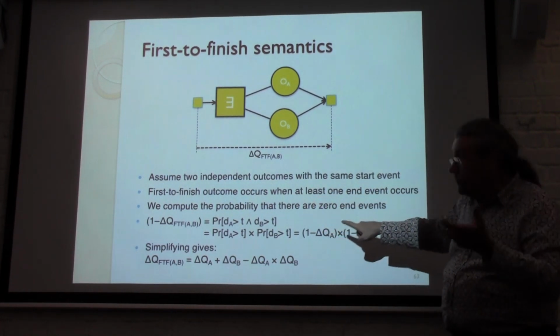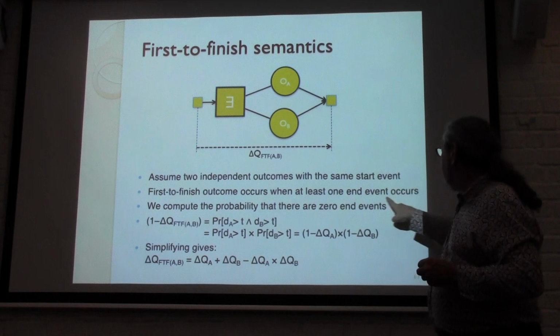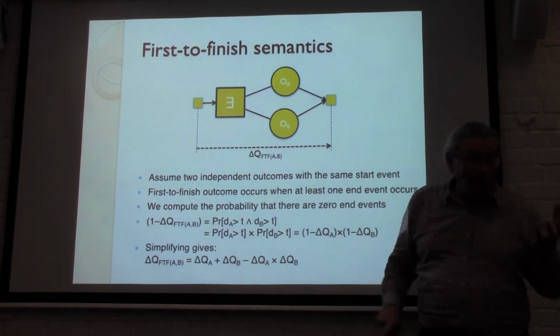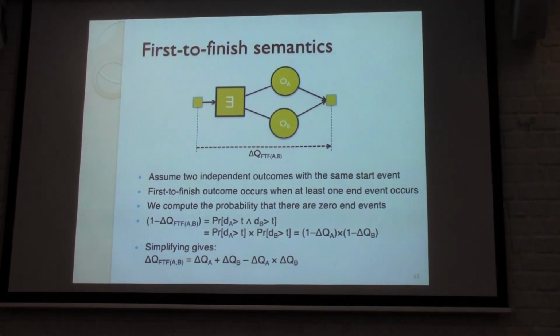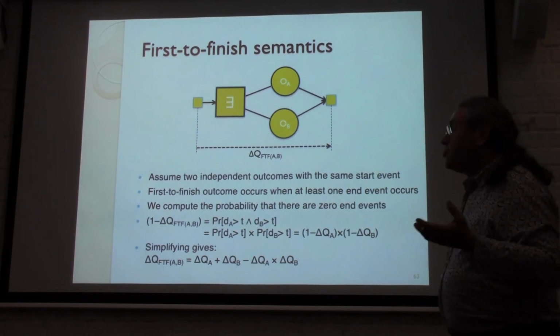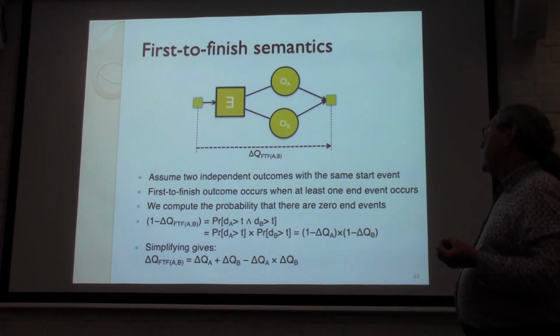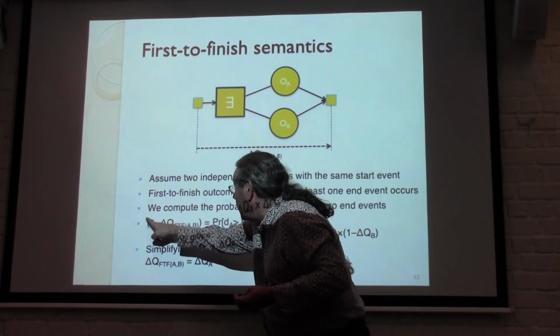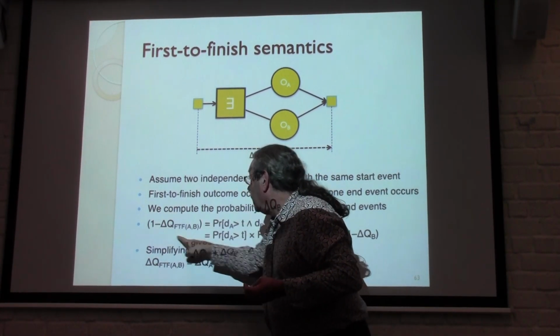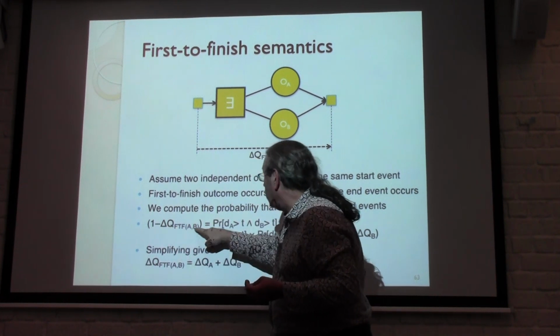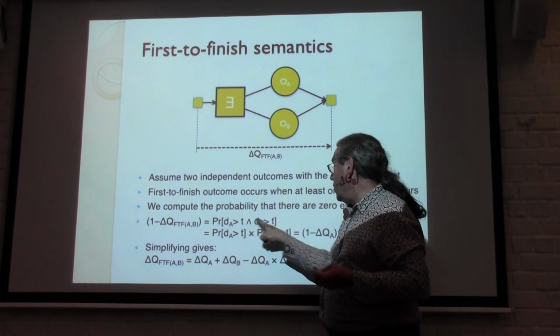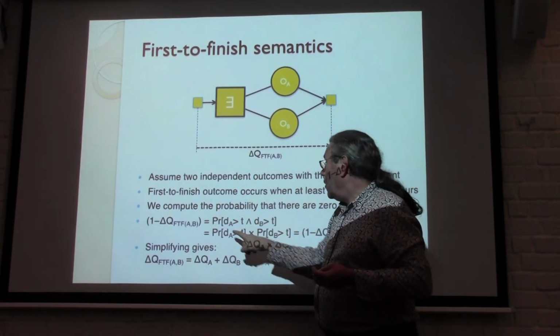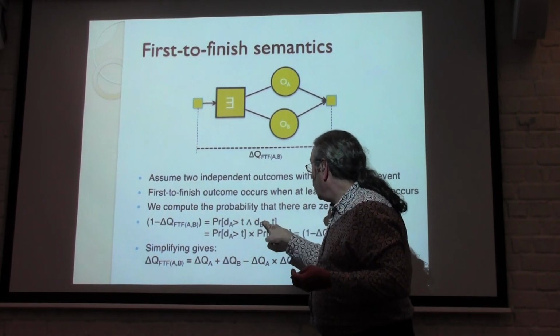It's a dual of last to finish. When at least one event occurs, which is actually the opposite of zero, it's actually 1 minus the probability that's zero. So the probability that you have zero end events is this. It's 1 minus at least one. So that's this right here. Okay, that's zero, the probability.